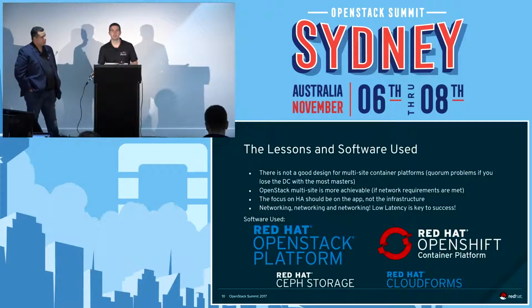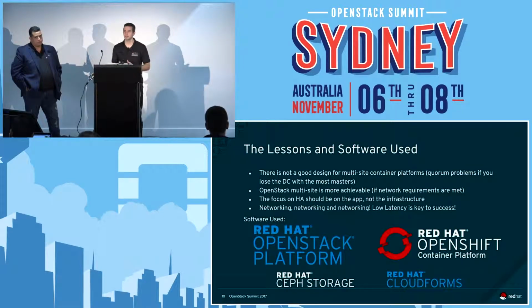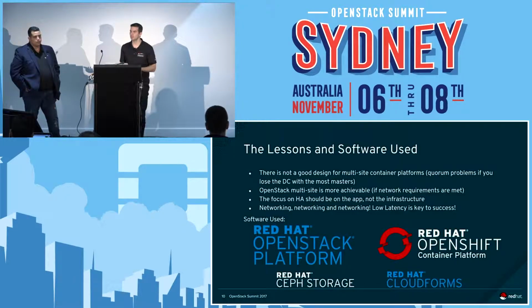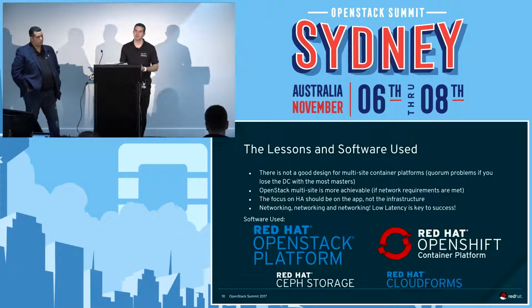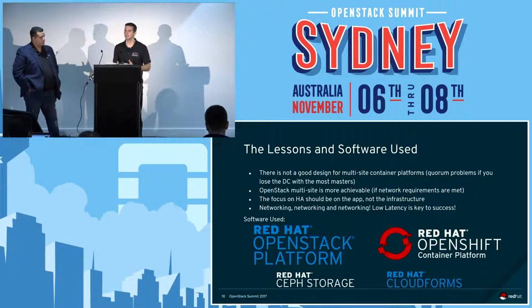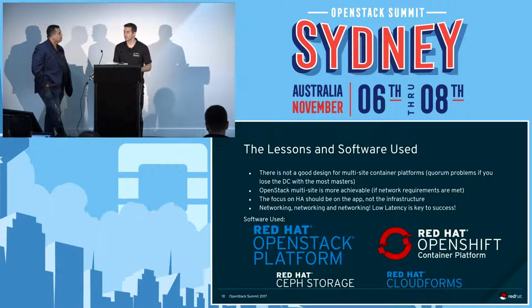However, when thinking about multi-site regarding OpenStack, it's actually something that's very achievable to do. And it really just comes down to having a network that can handle the throughput between both data centers, or multiple data centers in general.